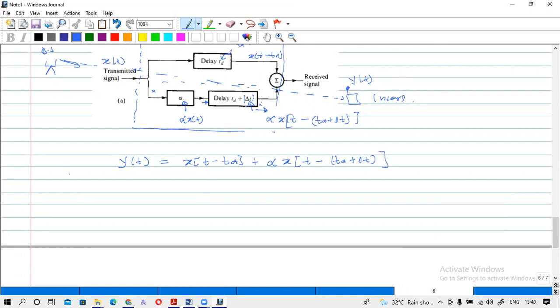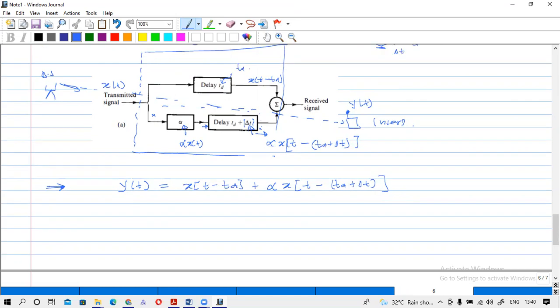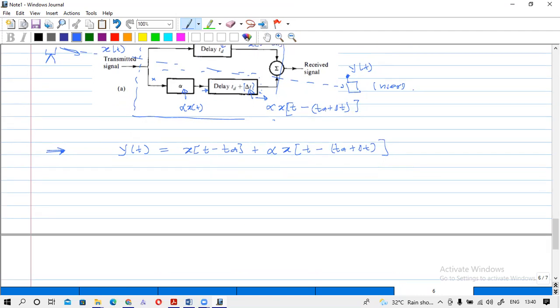So this is our input and output relationship of the signal. We can get that relationship using the given data, or if there is no given data, we can use physics laws to get this input output relationship.